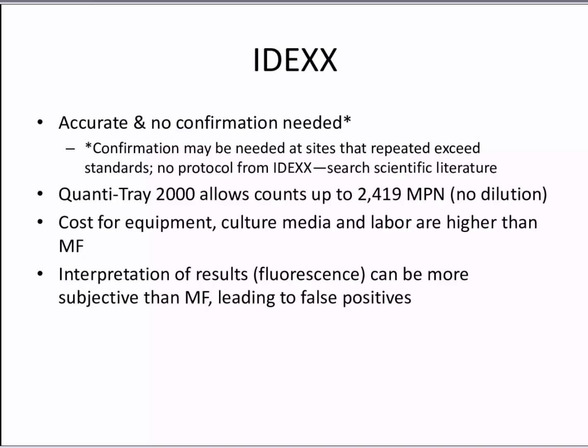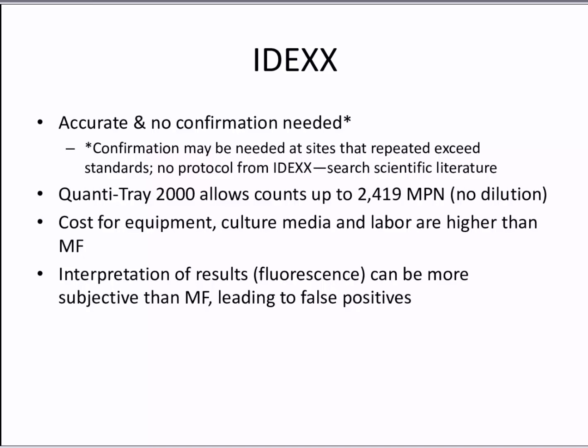So as I mentioned, one really nice advantage to using IDEXX is that if you use the Quanti-Tray, you can obtain counts up to around 2,400 MPN, or most probable number of the indicator, without doing dilutions.